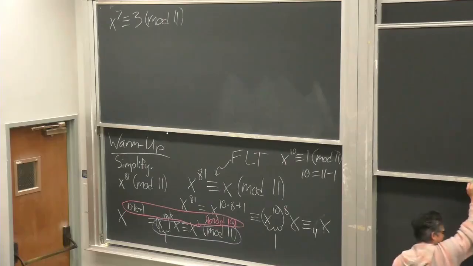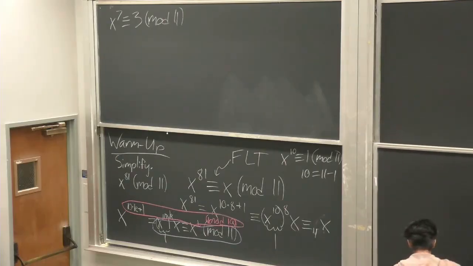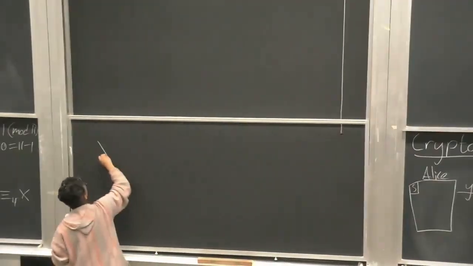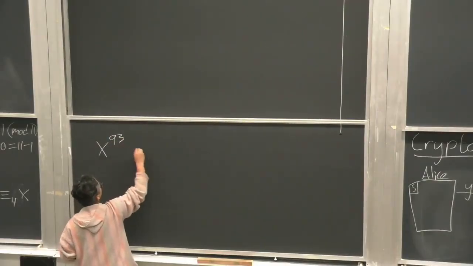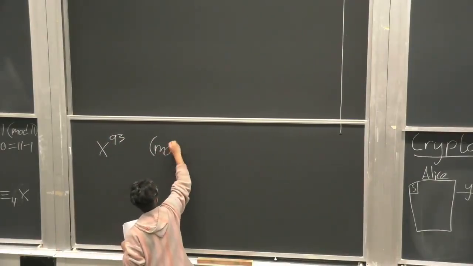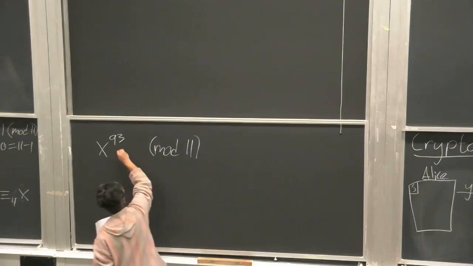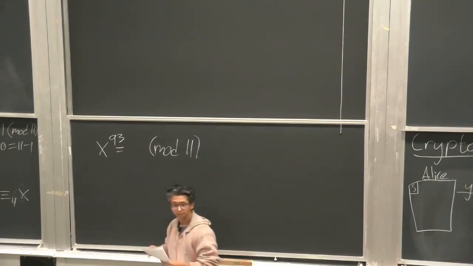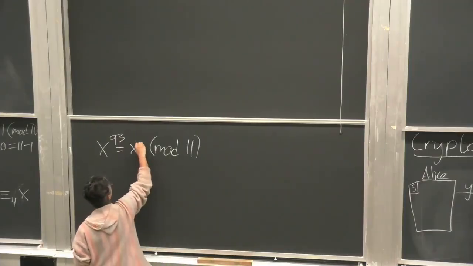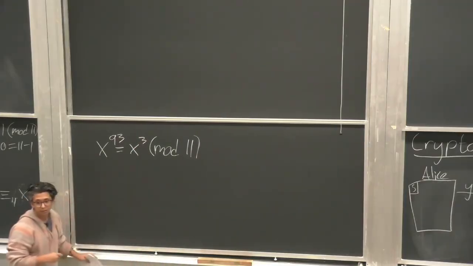So we'll look at one more thing, to really get the idea of this. How do we simplify x to the 93 mod 11? Yeah. This will just be the same as x cubed, right?